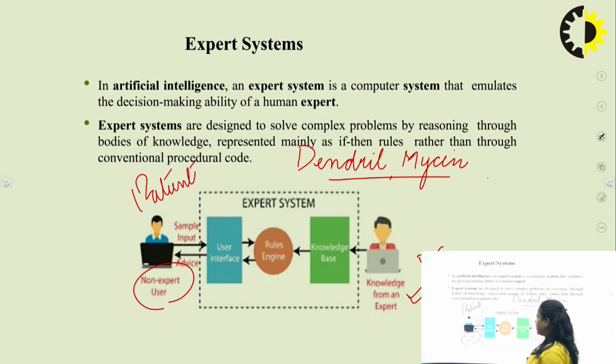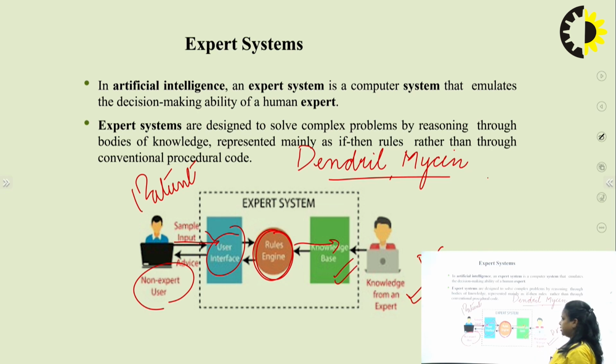Fine. In that case, first of all, the user will put in certain inputs: I'm having so-and-so problems and so on. First it comes to the user interface, then by using that user interface, they apply certain rules and knowledge, and on the basis of that, it will generate the knowledge. So, this is the knowledge base. Like if you go to the pediatrician, you discuss the child's problems with your doctor.